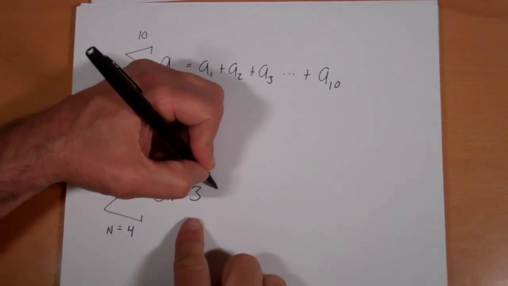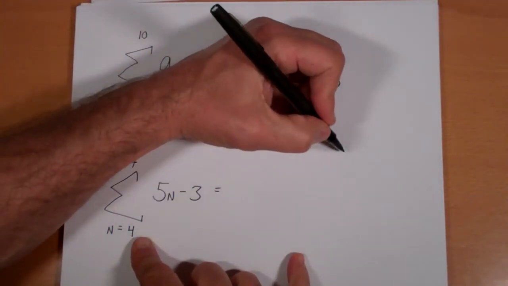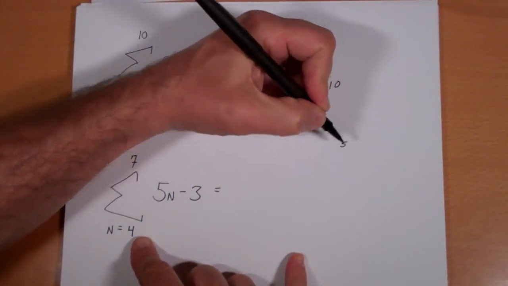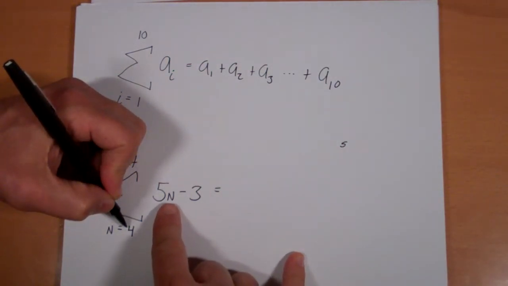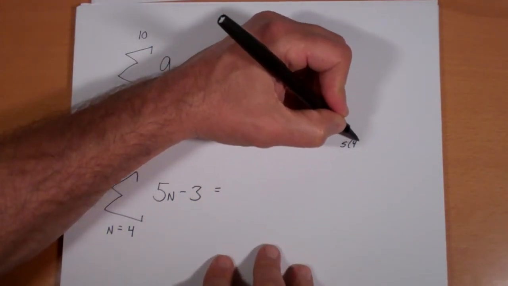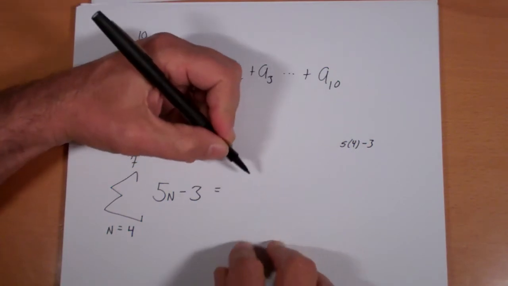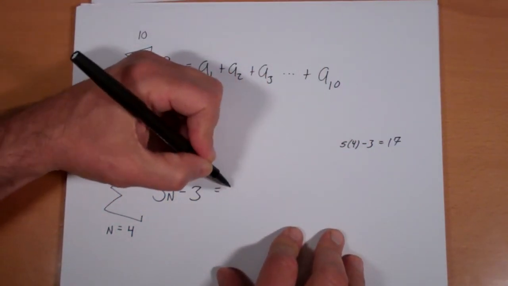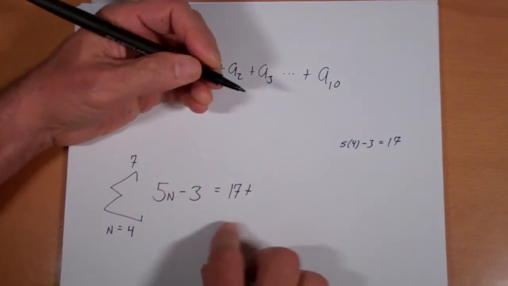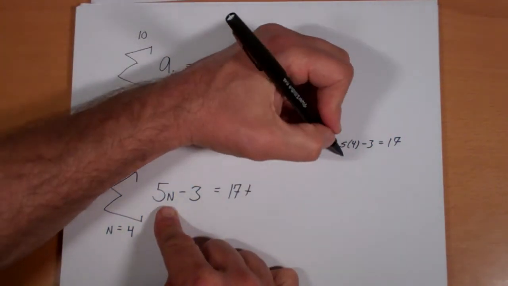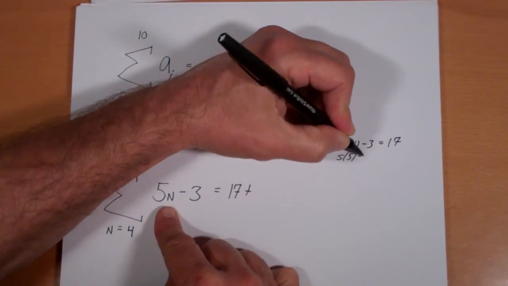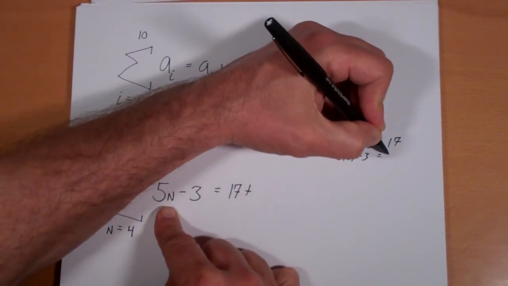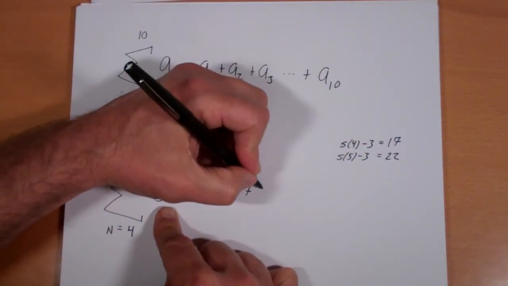Here what you do is you just plug numbers in. n is 4, so you plug a 4 in there, so that's 5 times 4 minus 3. That's 20 minus 3 is 17, so you get 17 plus, and then you plug a 5 in. 5 times 5 minus 3, that's 25 minus 3, which is 22.